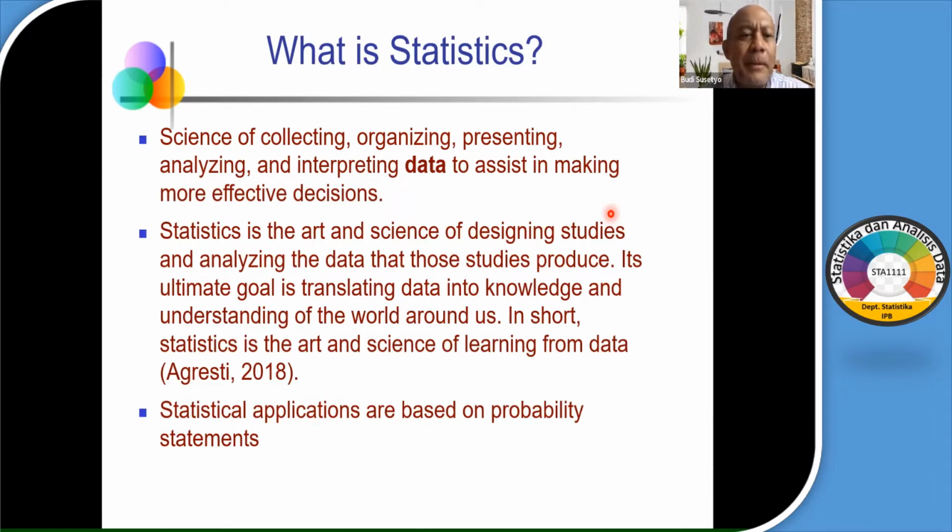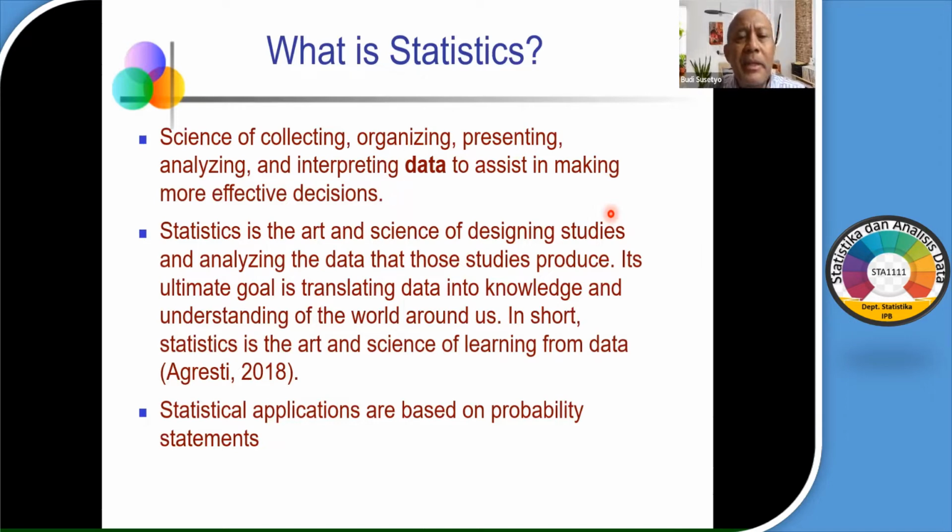Compare without data. The other defined statistic as the art and science, not just science, but also art. Combination between art and science of designing studies and analyzing the data that those studies produce. So that means statistic is not just science, but also art. Why art?